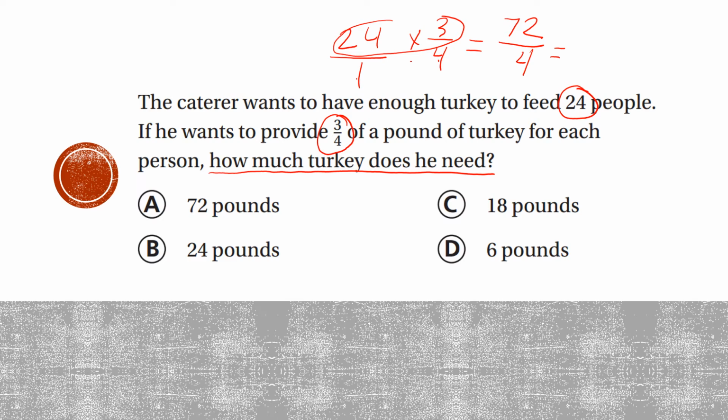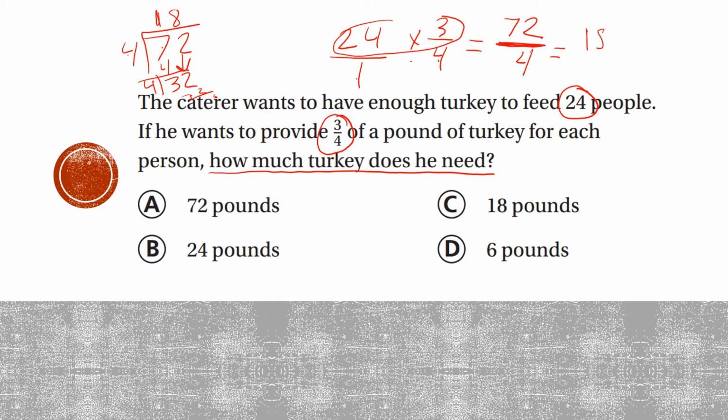So now I have to either find how many groups of 4 I can make of 72, or just divide. Over here I have room, so I'm going to go ahead and divide. 4 goes into 7 one time with 3 left over. Bring down the 2. 4 goes into 32 8 times, which gives me 32.